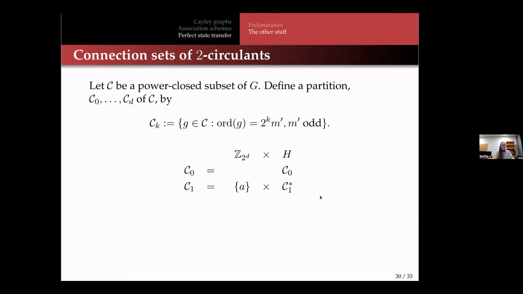Similarly, we can do this with C2, except now on this side, we have plus minus B. All the elements in C2 can be written as a product of B or minus B and some element of odd order. We're going to write C2 as this Cartesian product of the set plus minus B and a set that we now call C2 star, which is contained in H.